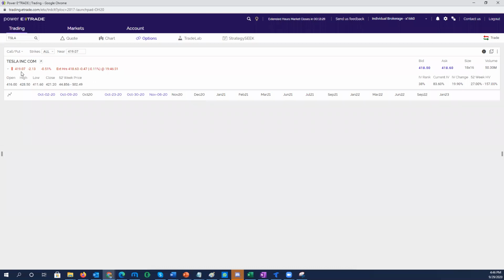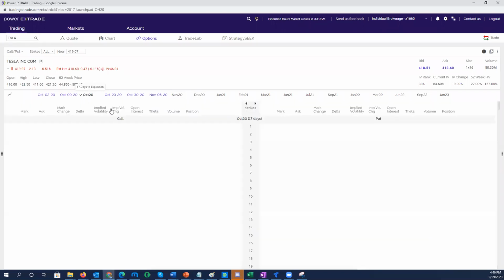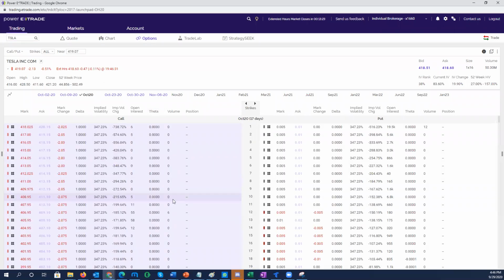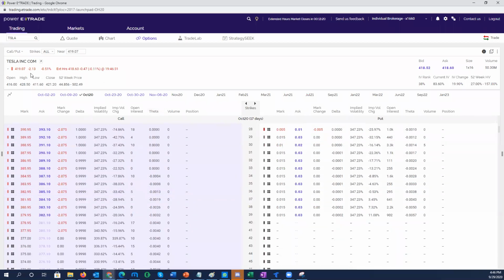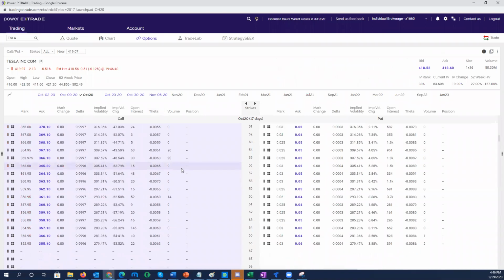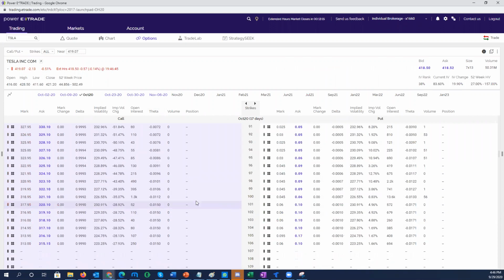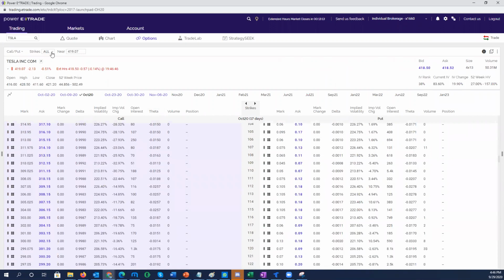Tesla is trading at 419, right? So now he can sell call options against it. 419 is the current price. If Tesla is not going to reach 500 in these 17 days, then what can he do?